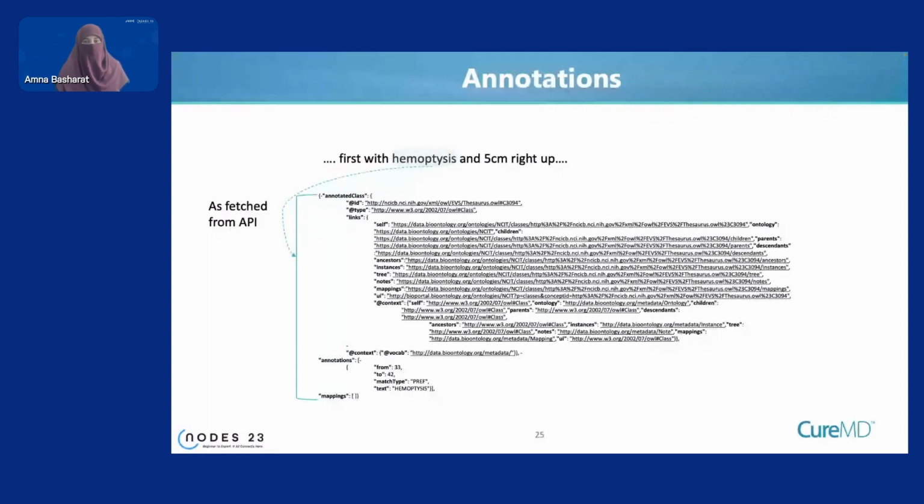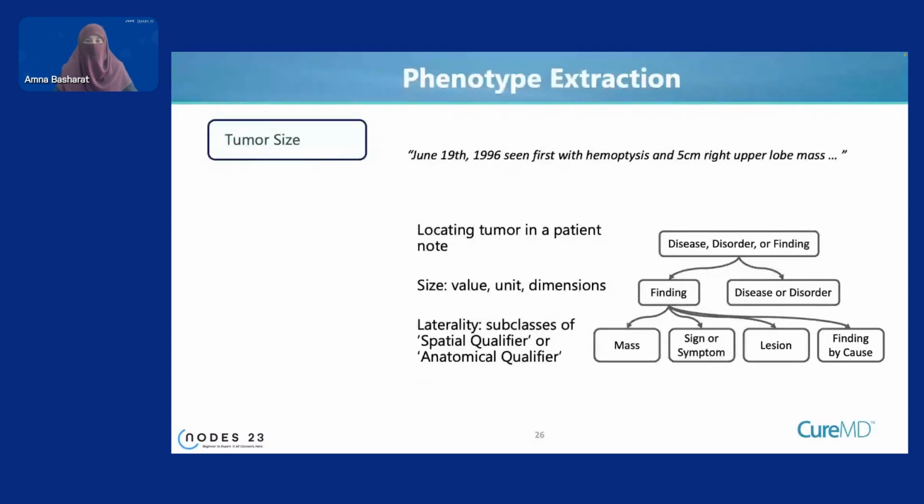To give some examples, we were focusing on the tumor size. So for instance, if this is the note statement such as June 19th, over here you can see some important information about the mass, and then the size.